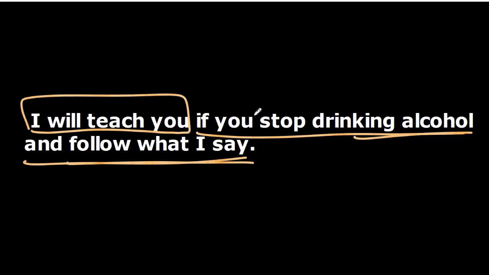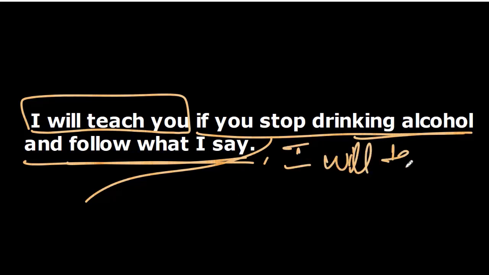Here, the result clause precedes the if clause, and that is why we don't have a comma, right? We don't have a comma. But if you use the if clause, the condition in the beginning, you need a comma. If you stop drinking alcohol and follow what I say, comma, I will teach you. All right, get it?